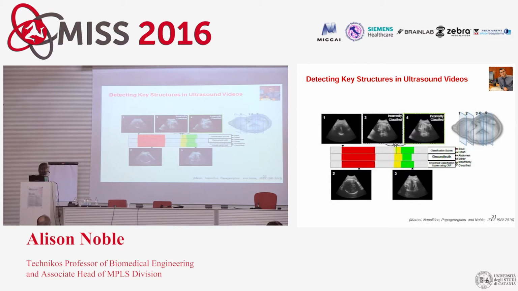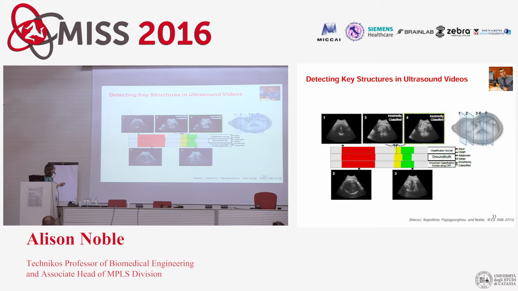Translating into the image analysis, I mentioned this work in my previous lecture. We developed a way that will identify the skull, the heart, the abdomen, and other body parts. So as you're scanning across, you can learn to recognize individual frames. What's shown here is the ground truth in the middle, and then some different approaches we've developed.